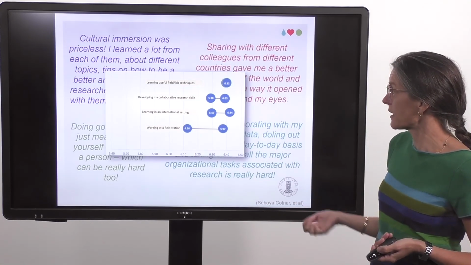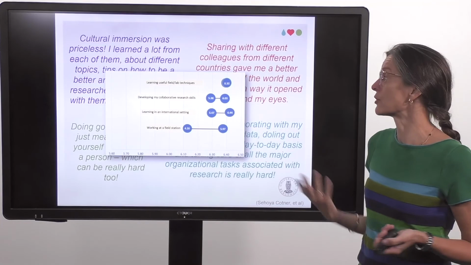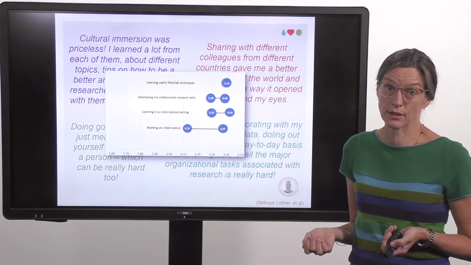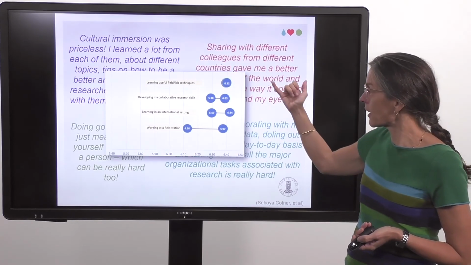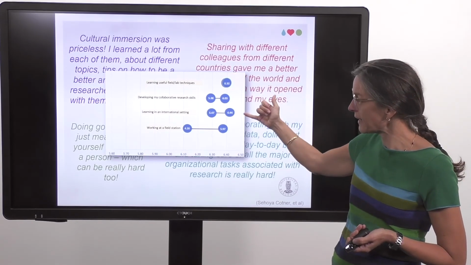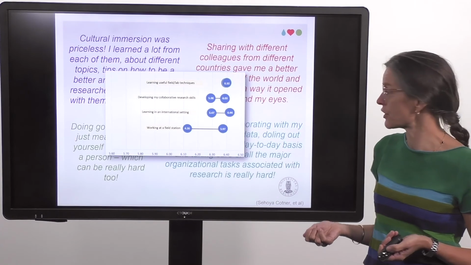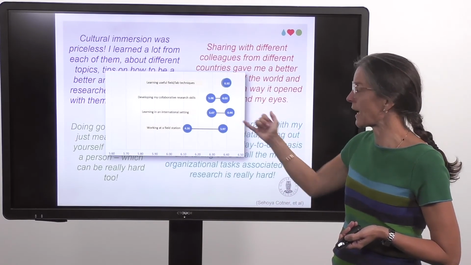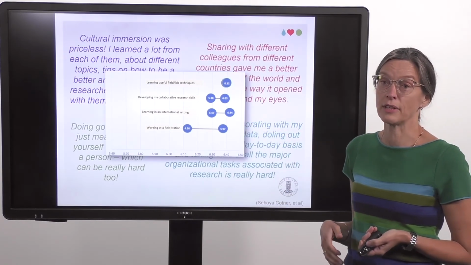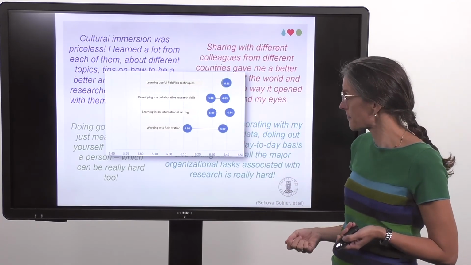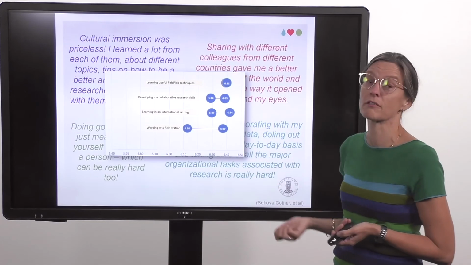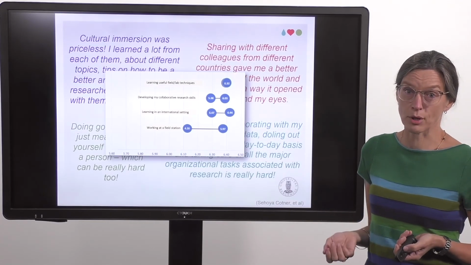And what is interesting is that our students are expecting to learn useful field and lab techniques doing these courses. But the collaboration and being in an international setting with other researchers and also working at the field station is something that really supersedes their expectations. So they were positive about these things before, but they have gained much more than they expected.